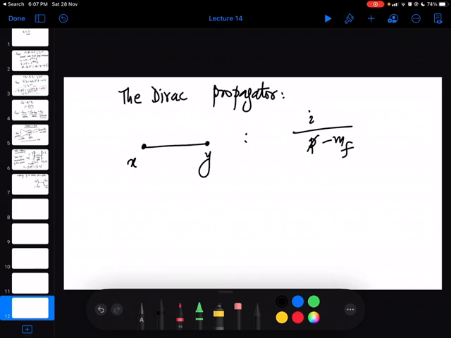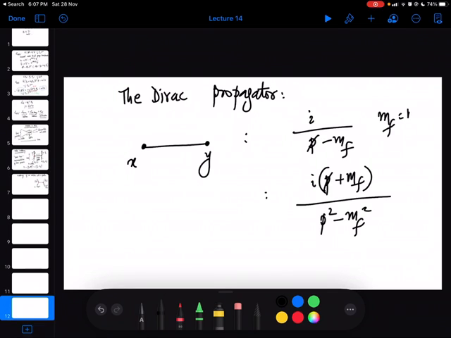Now you can multiply the numerator and the denominator with P slash plus m, and this gives me i times P slash plus mf over P square minus mf square, where mf is the mass of the fermion.